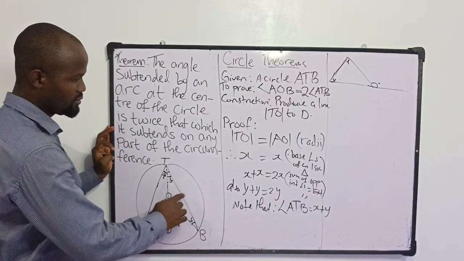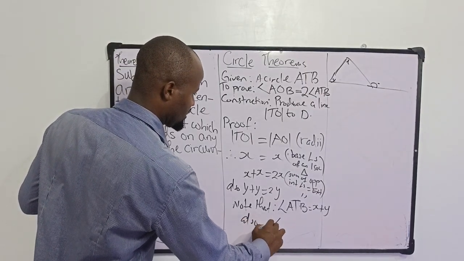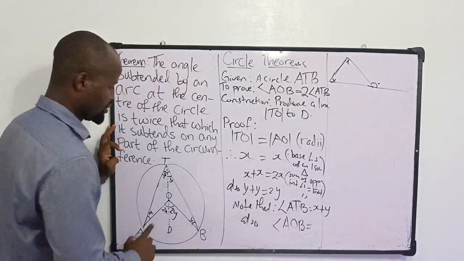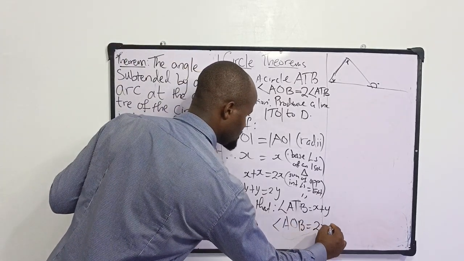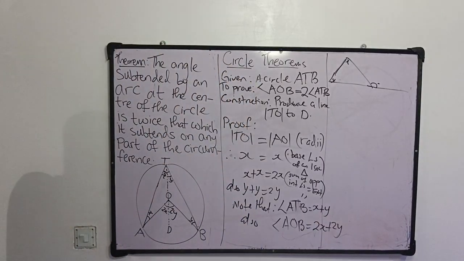And then what of angle AOB? Also, angle AOB equals 2x plus 2y. So what does that mean?